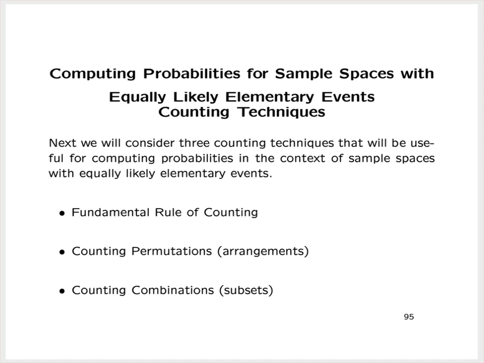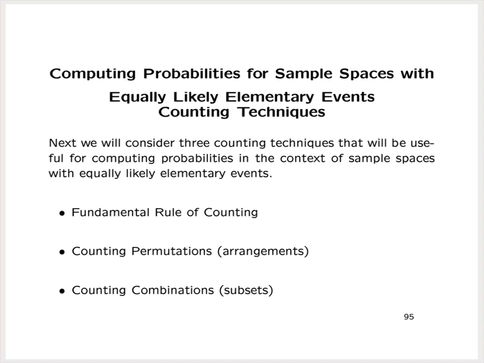We also determine or count the number of ways that the experiment can end up. And then we calculate the ratio of those two values, the number of ways that the event can occur divided by the number of ways that the experiment can end up. And that is the probability of the event in that kind of a situation.